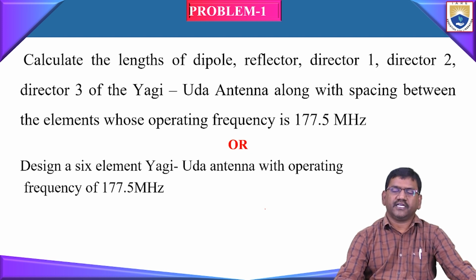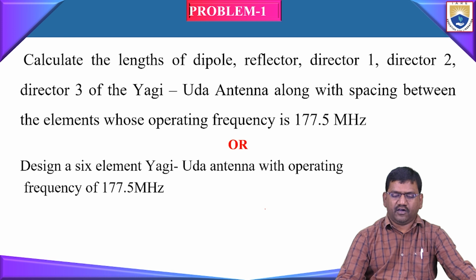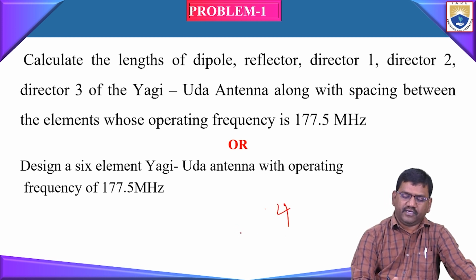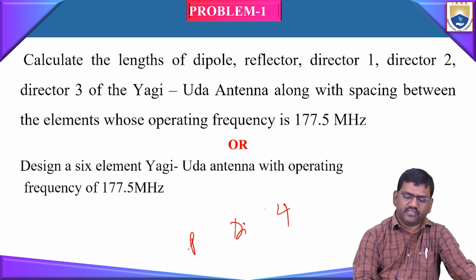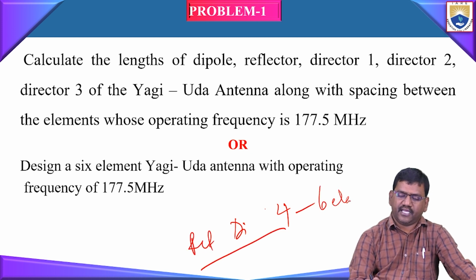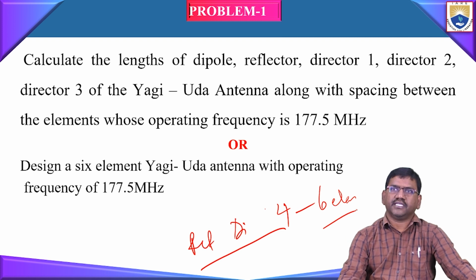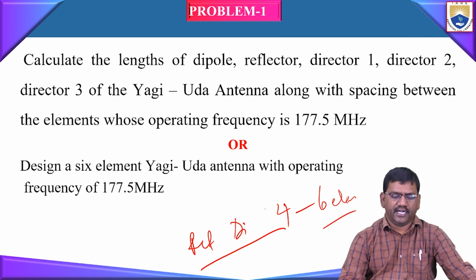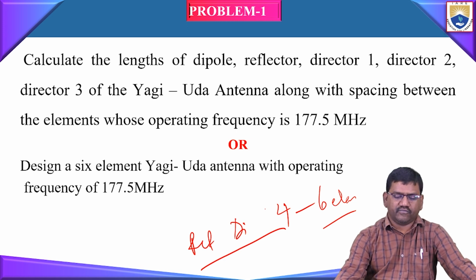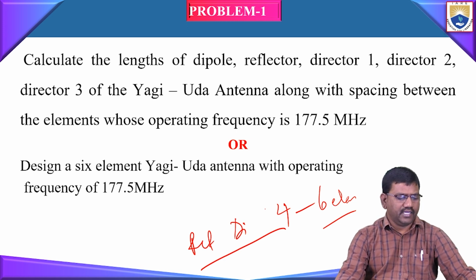So here we need to design; how many directors are there in the given problem? There are 4 directors, 1 dipole antenna and 1 reflector antenna. So totally we are going to design a 6-element YAGI UDA antenna with operating frequency of 177.5 MHz.